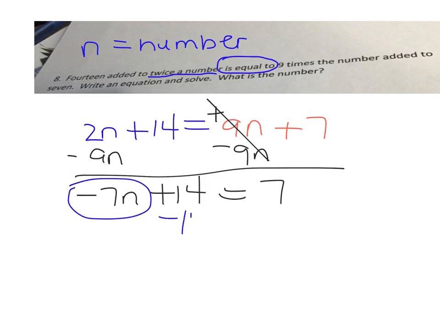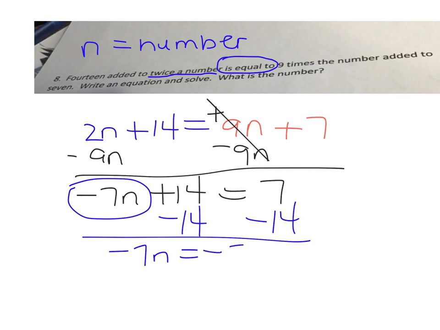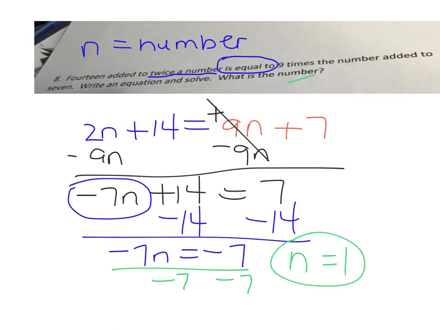So plus 14, I'm going to subtract 14. And I get negative 7n equals 7 minus 14, which is negative 7. To solve for the variable, I'm going to divide both sides by negative 7. 7 divided by 7 is 1. Negative divided by negative is positive, so my answer is 1. So the answer to this problem is the number is 1. Done. Easy.